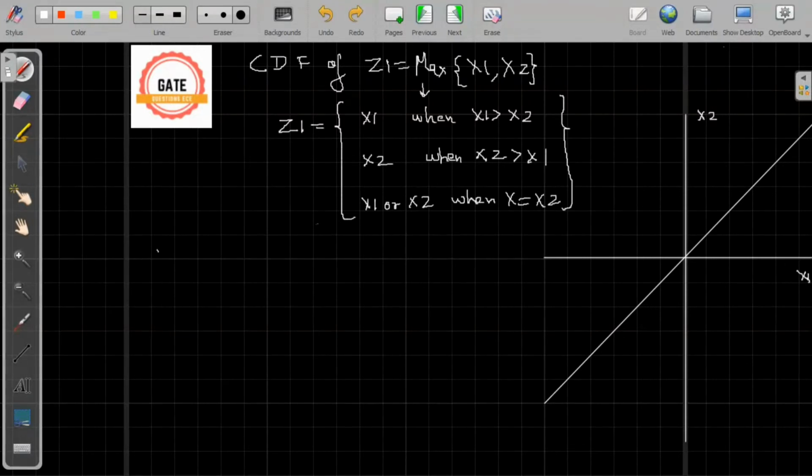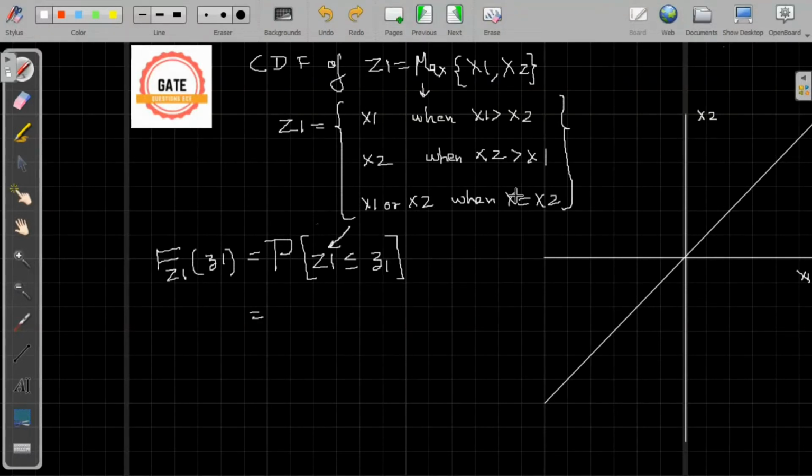So what will be the CDF? For the CDF we use capital F of Z1, for a sample value small z1, which is nothing but the probability that Z1 is less than or equal to small z1.